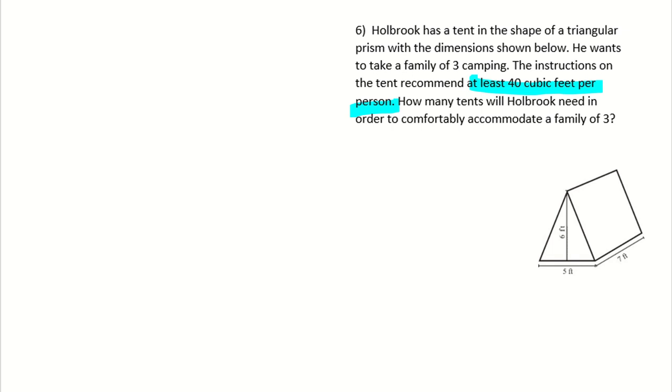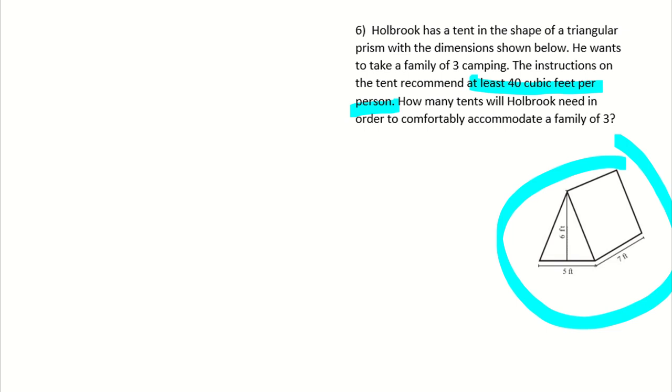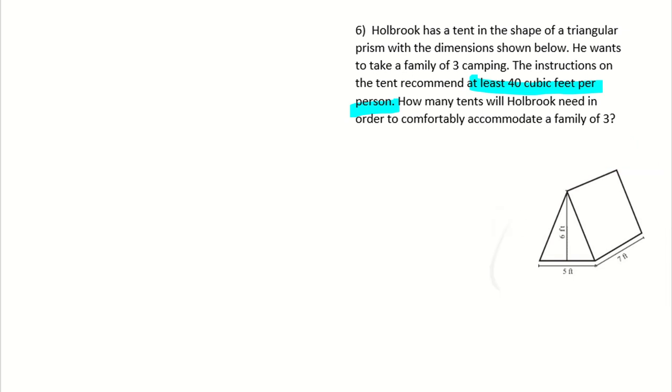Okay, do y'all understand the scenario, the situation, what's going on? So Holbrook is going camping with this tent, and he's taking 3 people, his family of three. 3 people total are going. And we do have the dimensions of this tent. We're going to solve it and figure out what the volume is, and then we're going to revisit this recommendation that the instructions on the tent say, to be comfortable, you need at least a certain amount of space, 40 cubic feet per person.